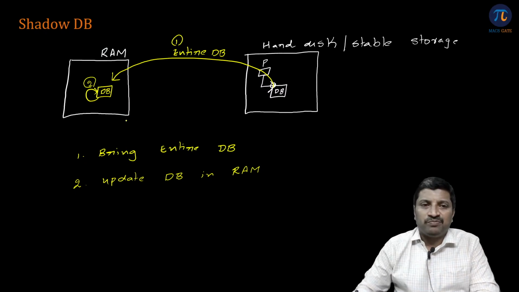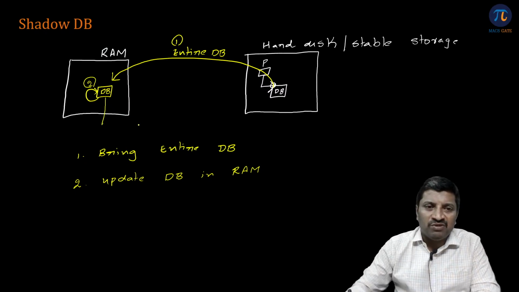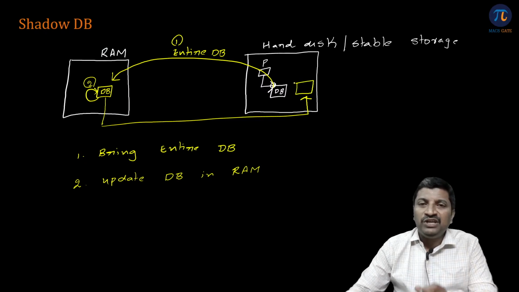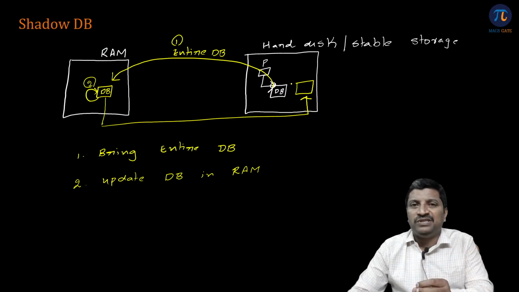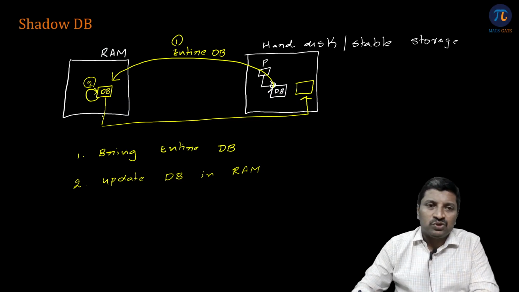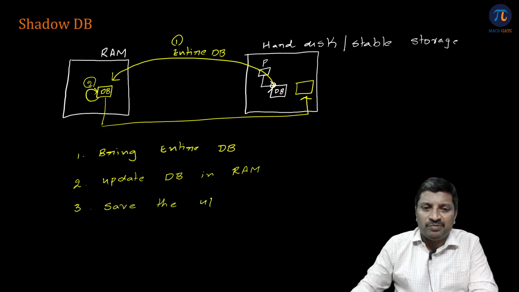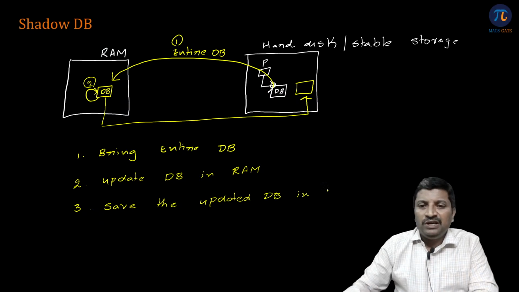Now the third step. Save the updated database to some location in the hard disk. We don't touch the original database in the stable storage. So we are storing this fresh, updated database.